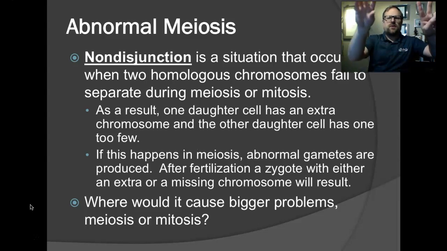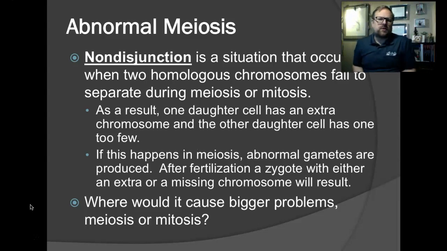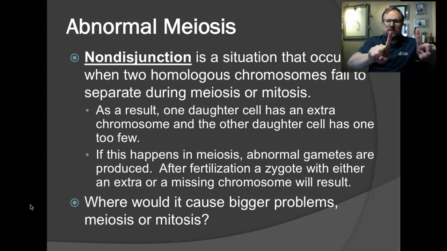So we would have nothing over here, and extra chromatids over here. Regardless of what happens, this can cause challenges and maybe even opportunities, depending on how you want to look at it. Disjunction is when they get separated from each other. Nondisjunction means they do not get separated from each other.